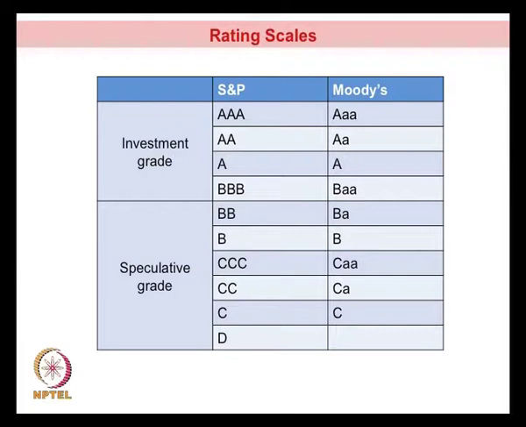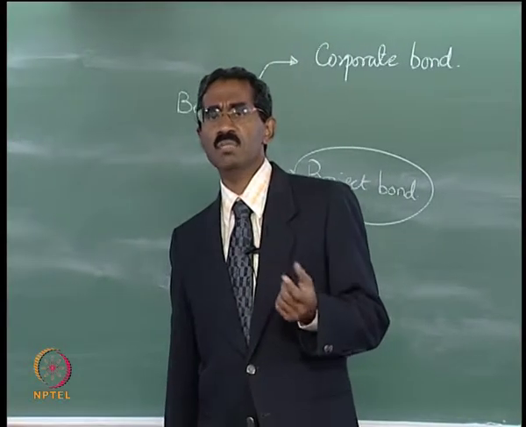Then you also have speculative grade ratings. A speculative rating starts from BB and goes all the way down to D in the case of S&P, whereas in the case of Moody's it starts at Ba and then goes all the way down to C. So usually what happens, there are also grades at different levels.